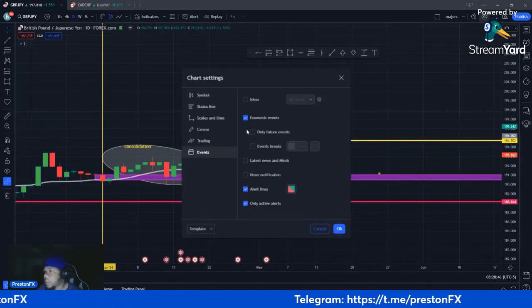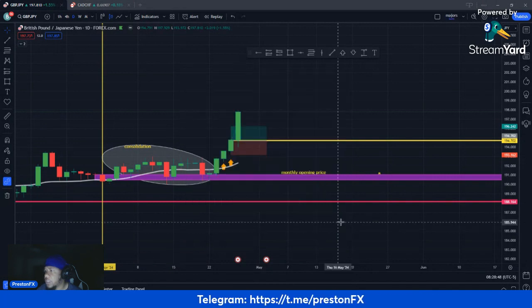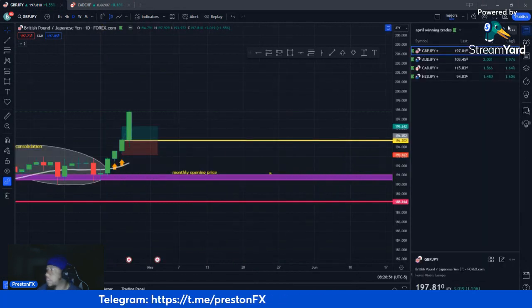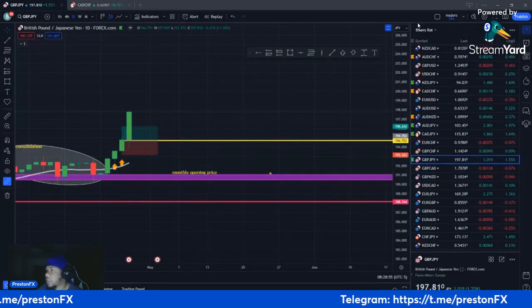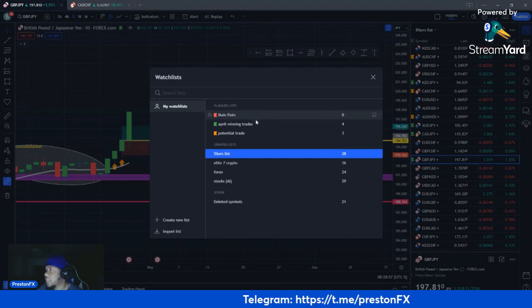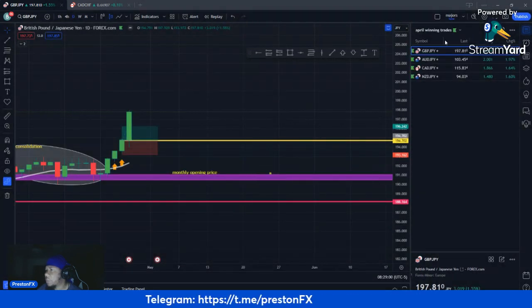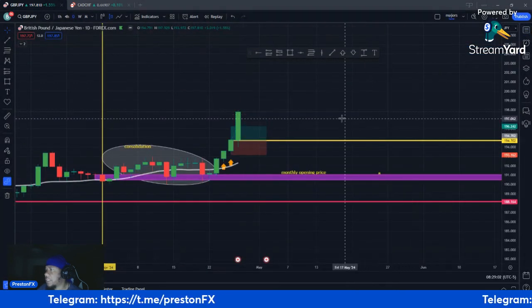All right, so pretty much you've got to be patient. If you look right here, I have my list. There's potentially 28 other pairs that I can look at.